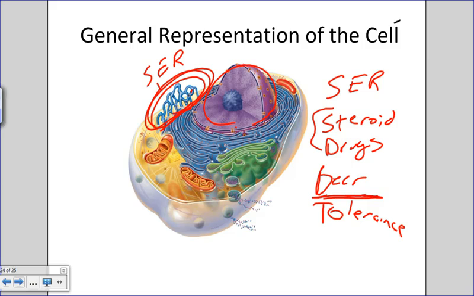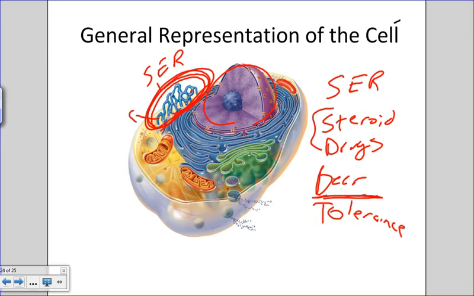As you consume more alcohol, you develop more smooth endoplasmic reticulum within the cell. As you develop more of it, you're more acclimated to breaking down alcohol. You're much better at it, and that's why a person has to drink more to get whatever they're trying to get out of the booze.